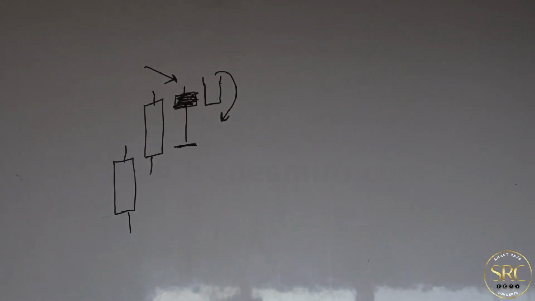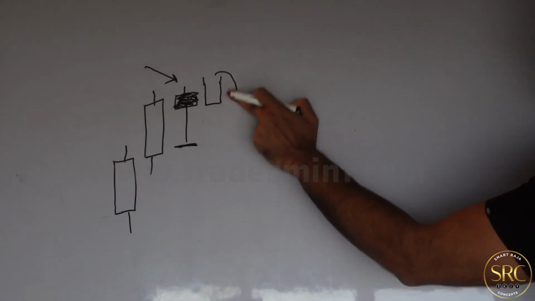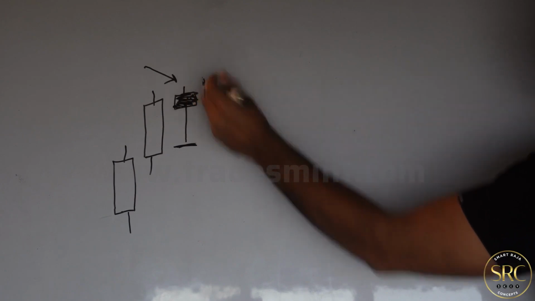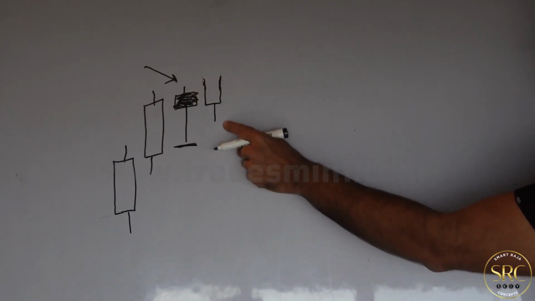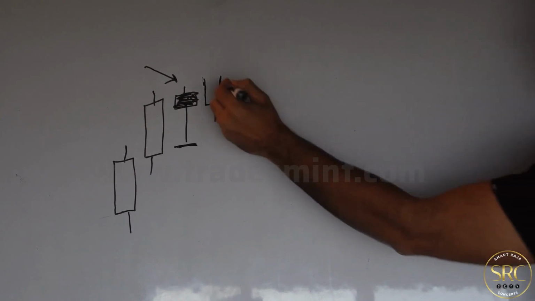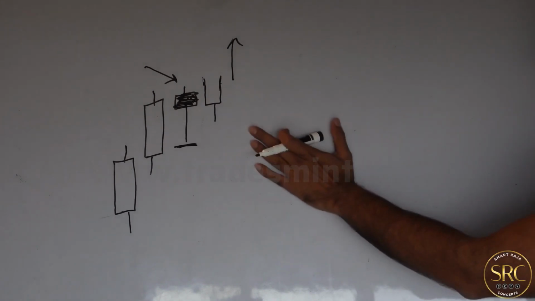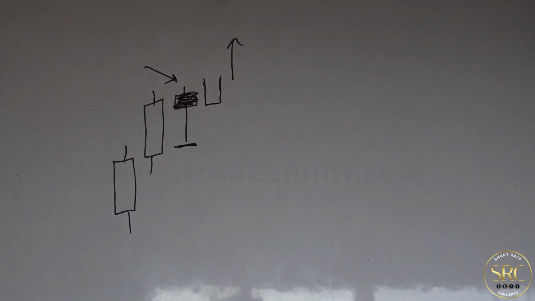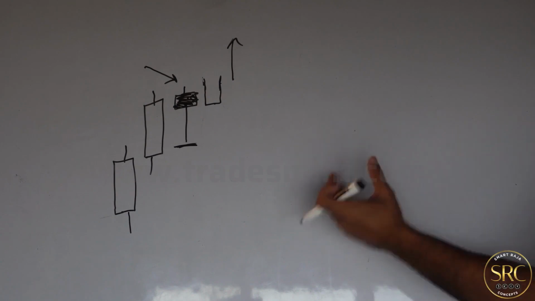When we talk about the probability of this candle continuing up versus a candle that made a lower wick first before going up, the candle that made a lower wick first has a higher probability of continuing to the topside. But if you have a candle that did not make a lower wick and starts to go up, that has a lower probability to go up. It can still go up, but the probability is a little bit lower.